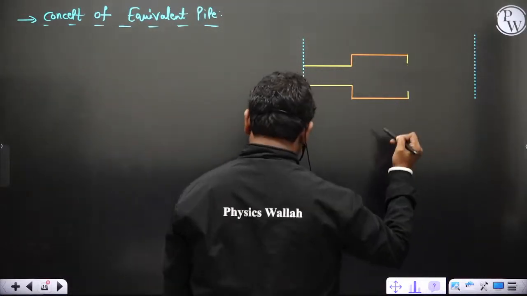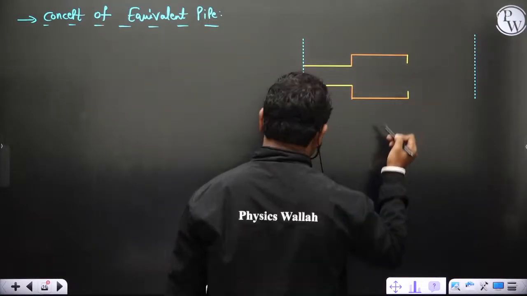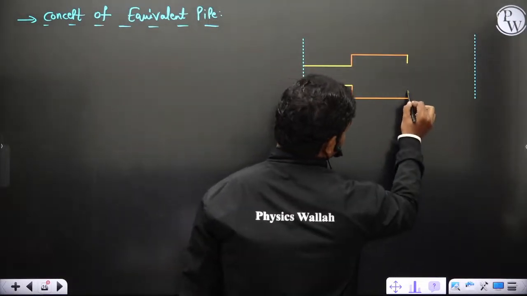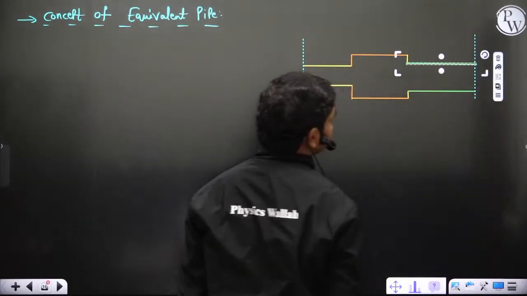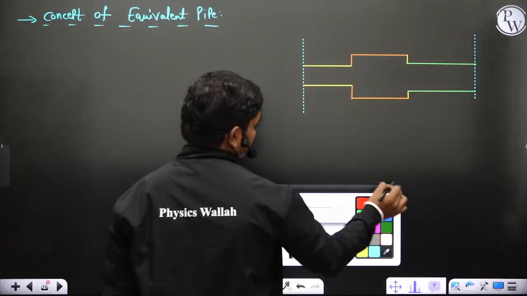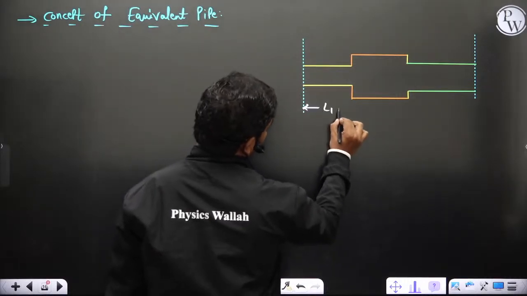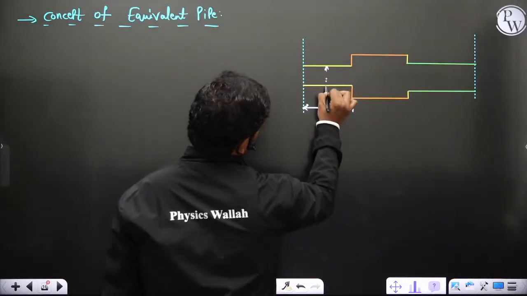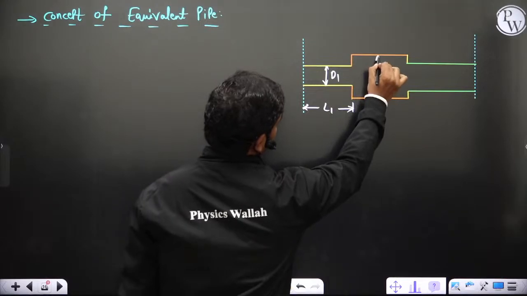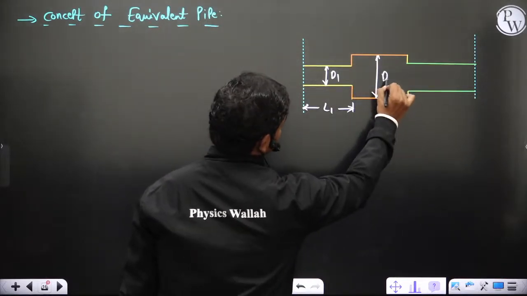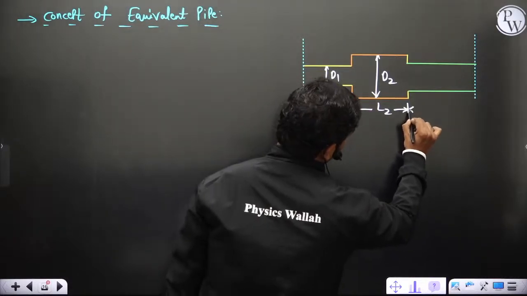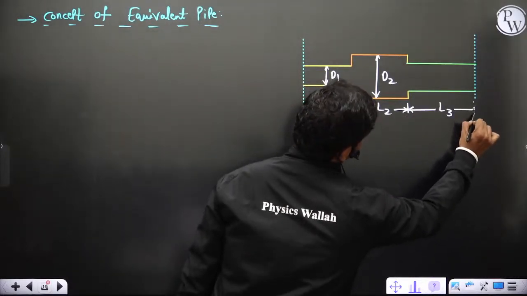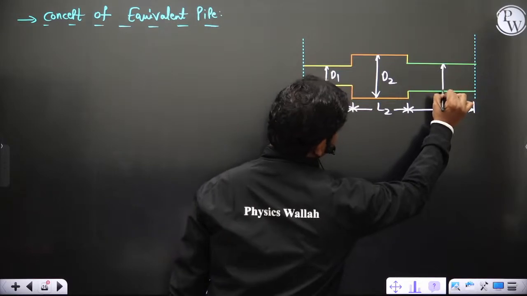And you have one more pipeline, let us say something like this, so I'm putting only 3 pipes to make you understand the business. Then this is L1 of diameter D1, this is of diameter D2, and this is L2, and this is L3, and this is D3.